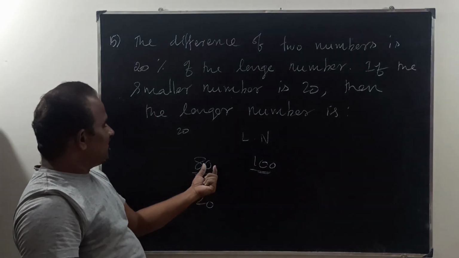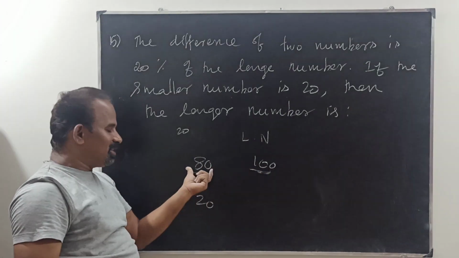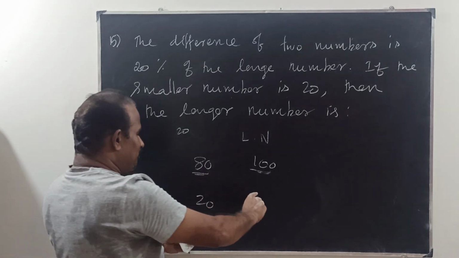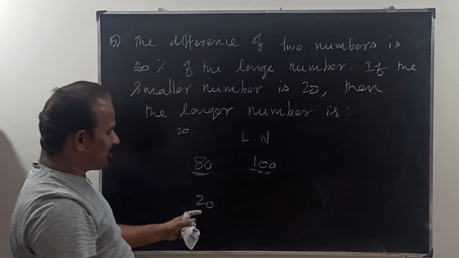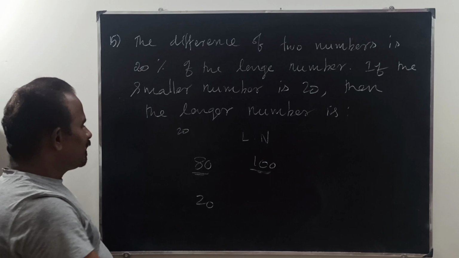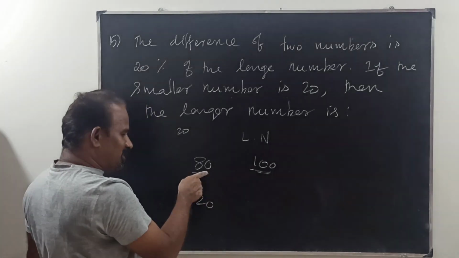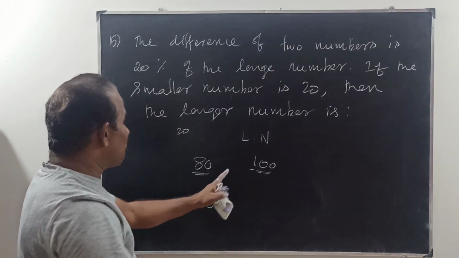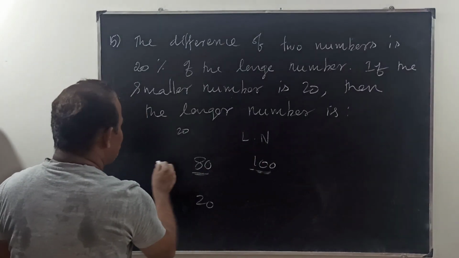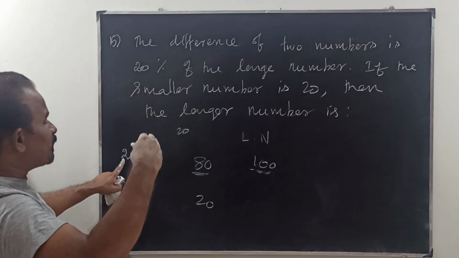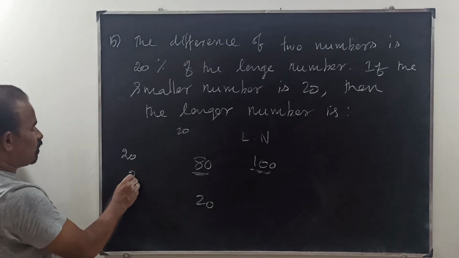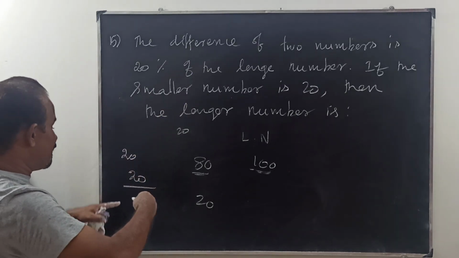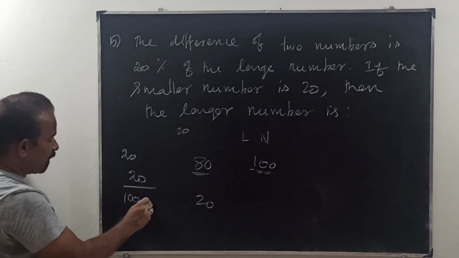So therefore, this number is 20% less than this. But this number is how much percentage greater than this? Greater than means we divide by 100 minus 20.